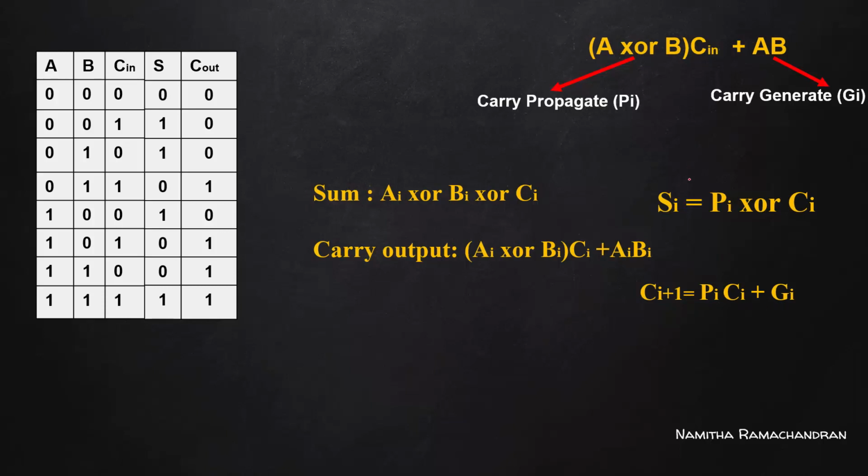Once again, sum is Si equal to Pi XOR Ci, and carry output Ci+1 equal to Pi AND Ci, OR Gi. So keep these terms in your mind: the Si representation and Ci+1 representation in terms of carry propagate and carry generate.